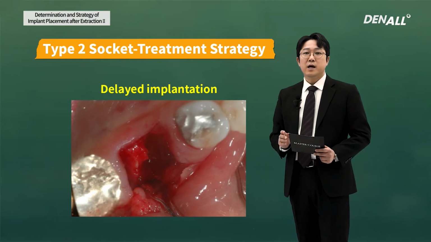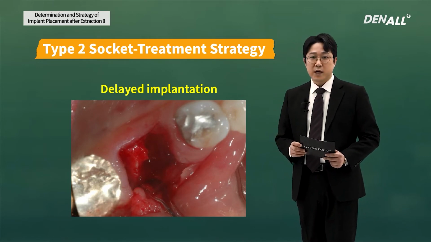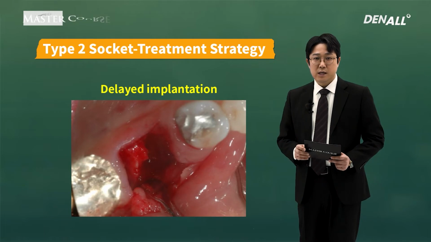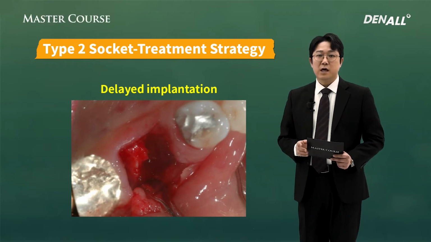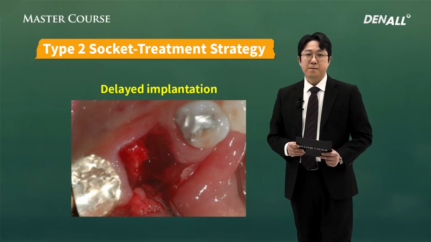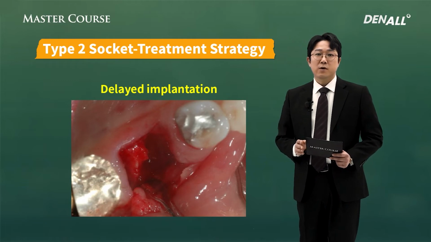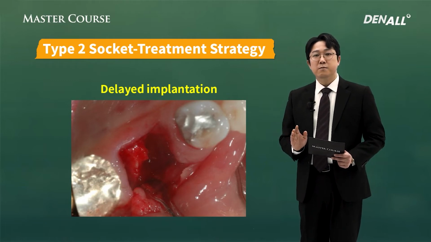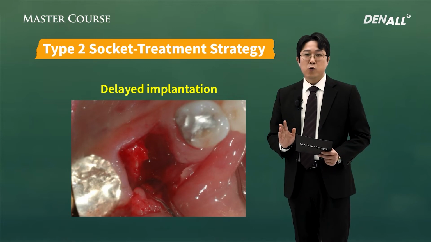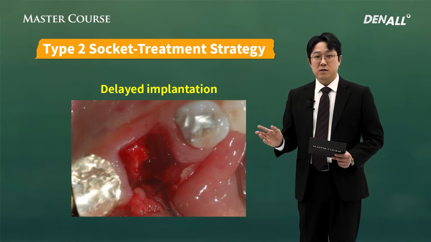In this case, regarding how long you should wait, it may differ depending on the case, but in this case, I decided to wait for 4 months. The reason is because of the way the socket was destroyed, bone graft was imperative in implant placement.